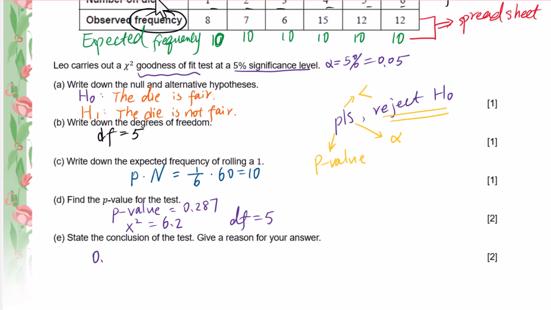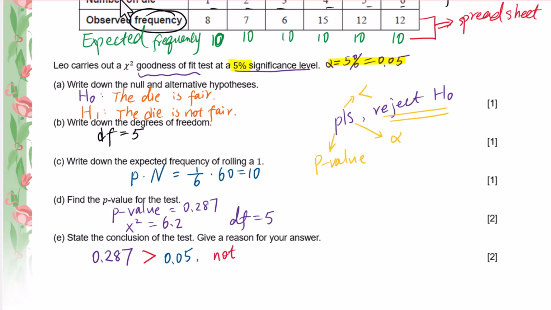The p-value is 0.287. Alpha is 0.05. 0.287 is greater than 0.05. So we cannot reject H0.